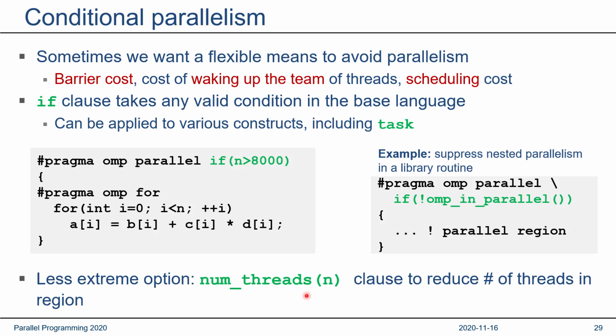Of course, this requires some more programming because you can't say if n smaller than 4,000 num_threads 2, else num_threads 8. So this is something you can't express in OpenMP. So you have to do some more programming there, but this would be the less extreme option. There's a gray area between one thread and all threads.